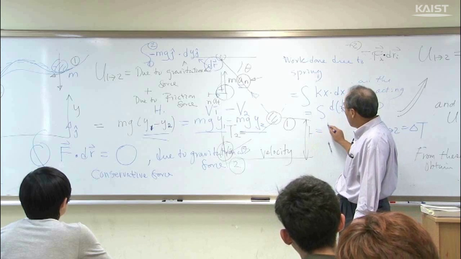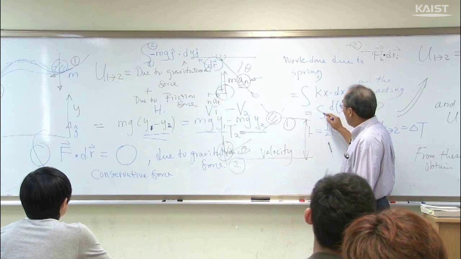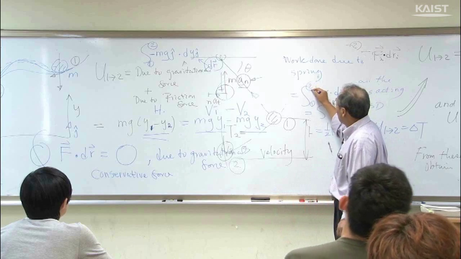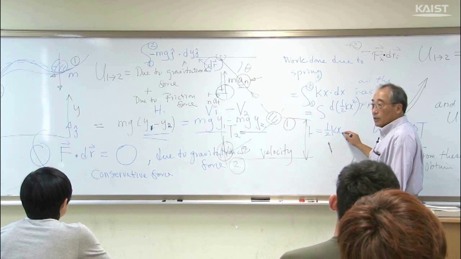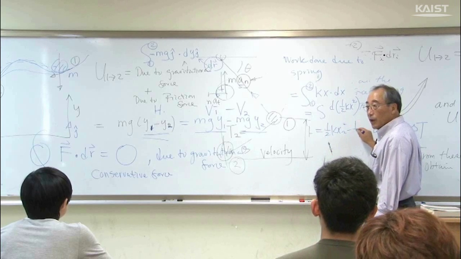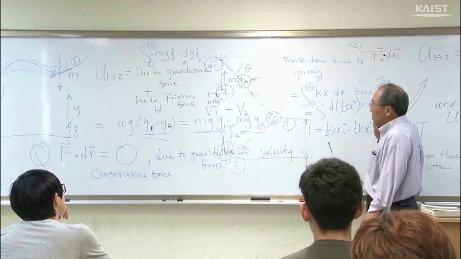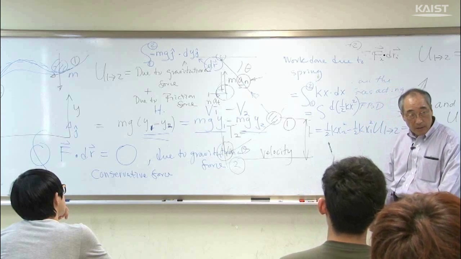Therefore, that is 1/2 Kx1 squared minus 1/2 Kx2 squared. That is correct?